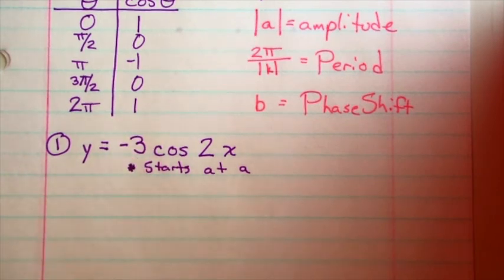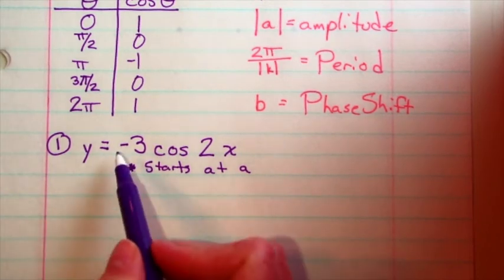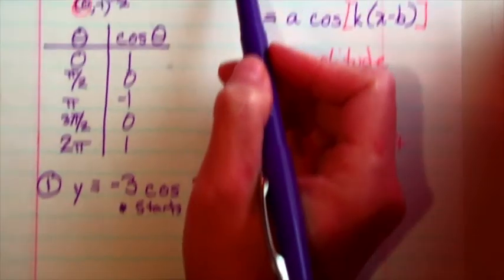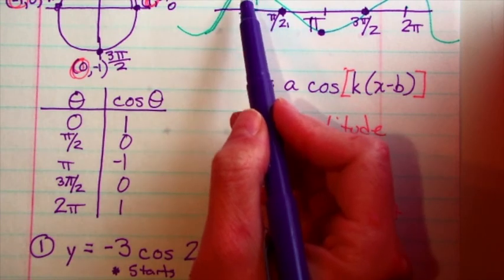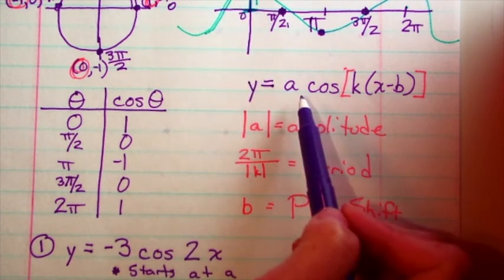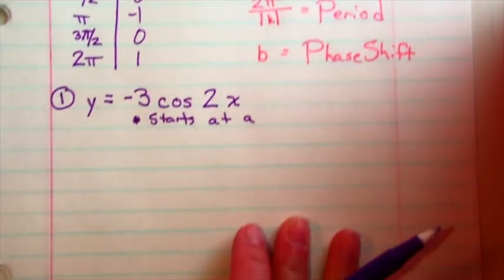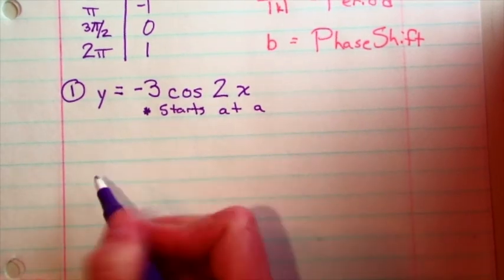If you have y equals x squared and it's that U shape, but if you change the coefficient out front and make it a negative, y equals -x squared, it flips it upside down and makes it a hill shape. That's the same case here. If there's a negative out front, it's going to flip it. So instead of starting at positive whatever the A value is, it's going to start at negative whatever the A value is. So it changes just a little bit.